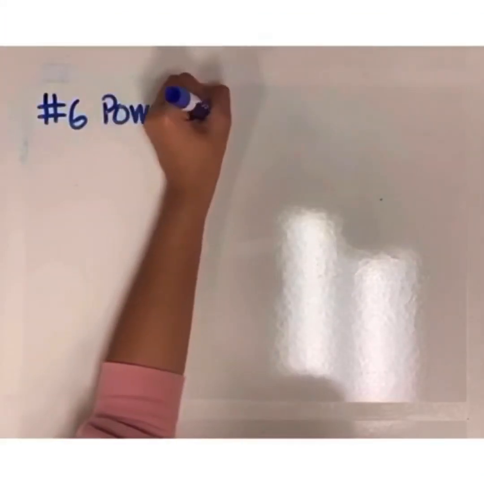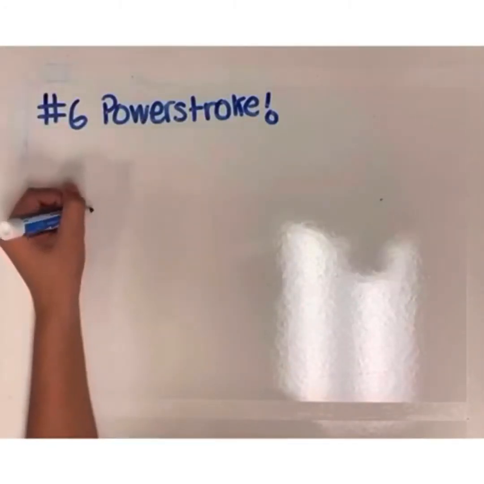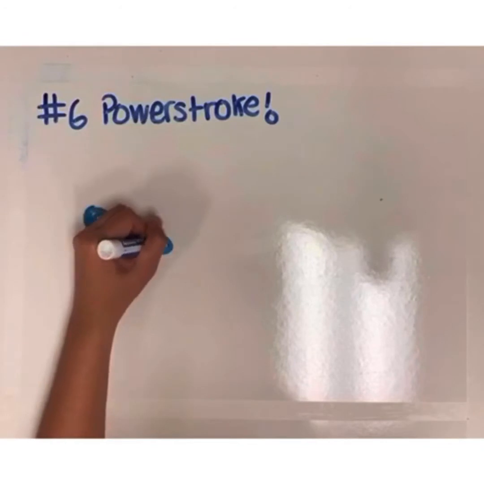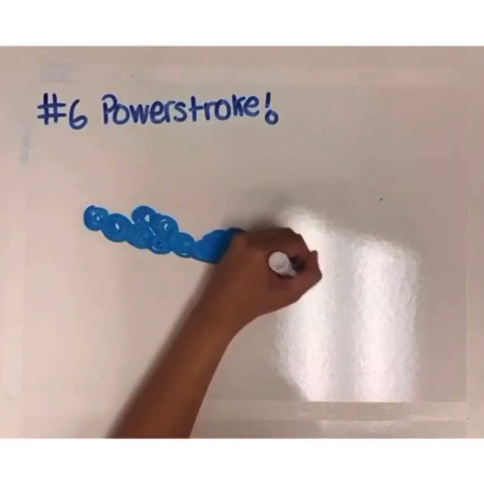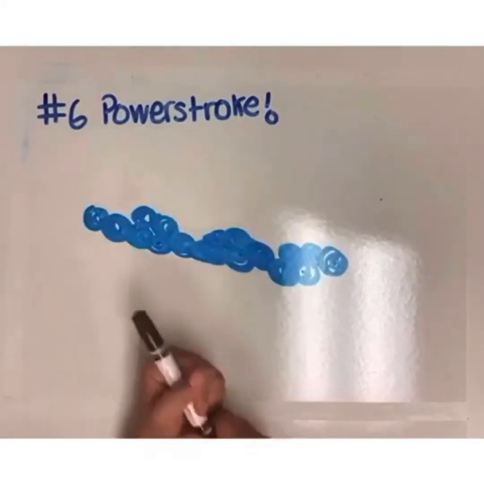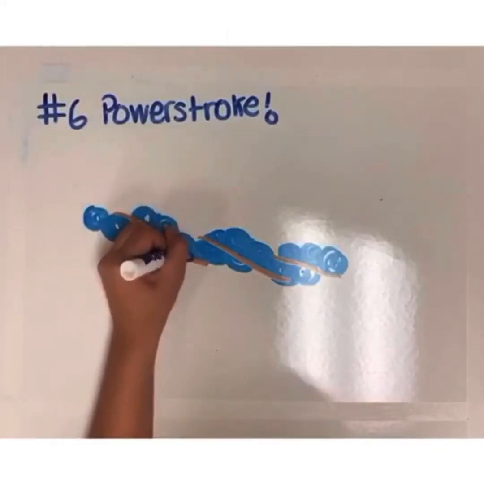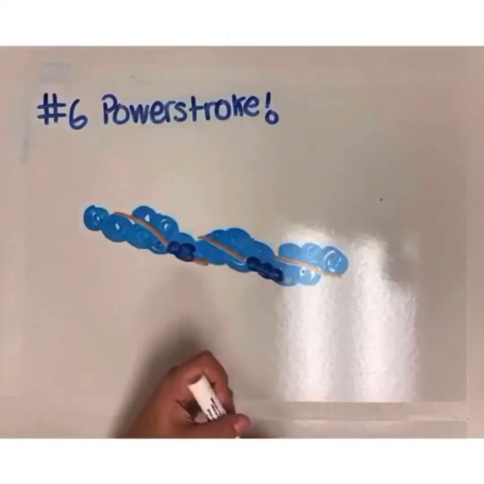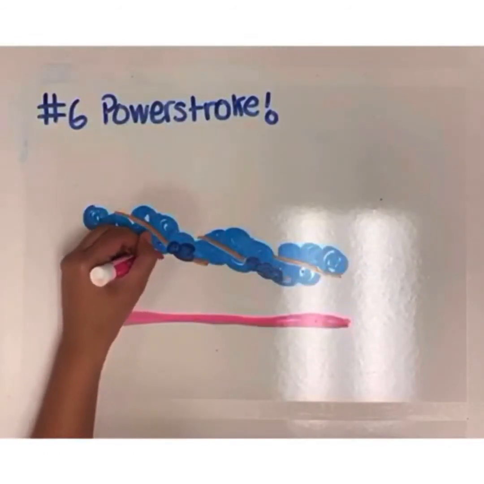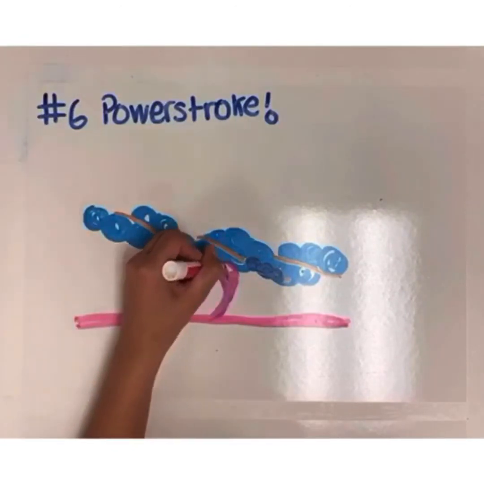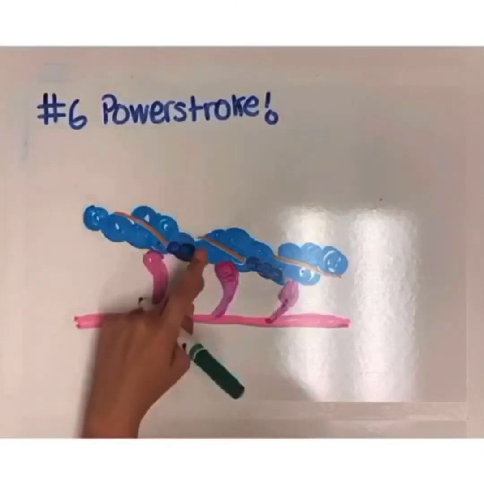Step number 6, described as the power stroke. Here we can see how a muscle contracts. It happens when the actin is pulled along the myosin toward the center of the sarcomere until the actin and myosin filaments are completely overlapped. The power stroke happens when the sarcomere is shortened and the contraction is complete.